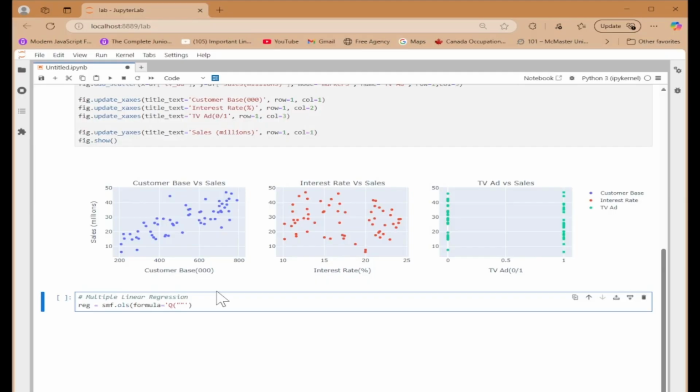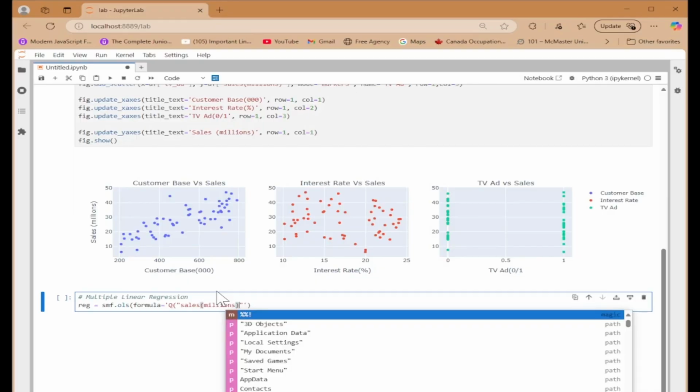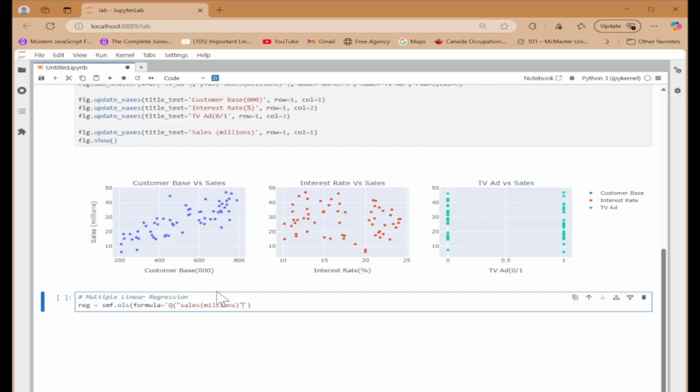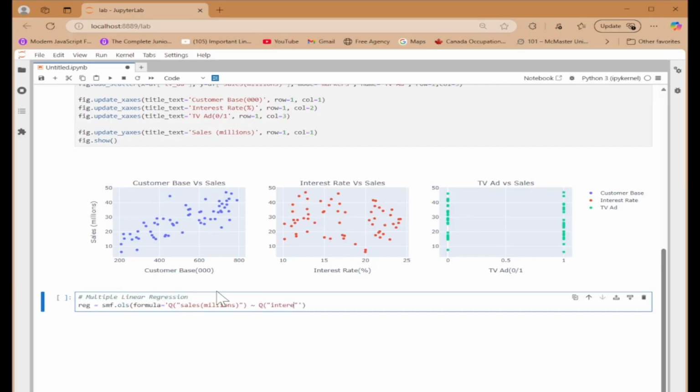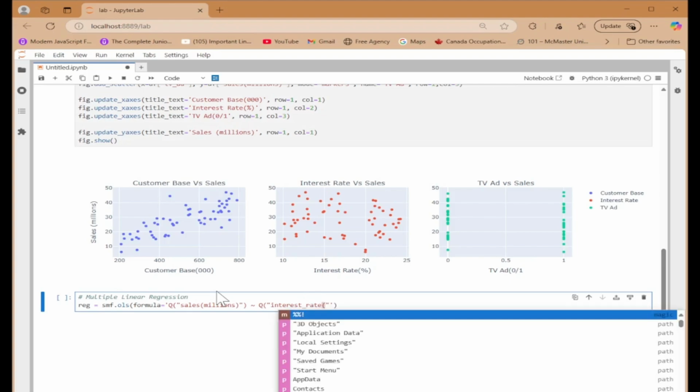Okay, Q, and here first is going to be sales in millions. Let's close it. Now we put tilde, because tilde connects the dependent variable, the response variable, with the independent variables, the predictors. Okay, tilde. Now let's go ahead with Q because we have all the variables like that. Q here is going to be interest rate percent.